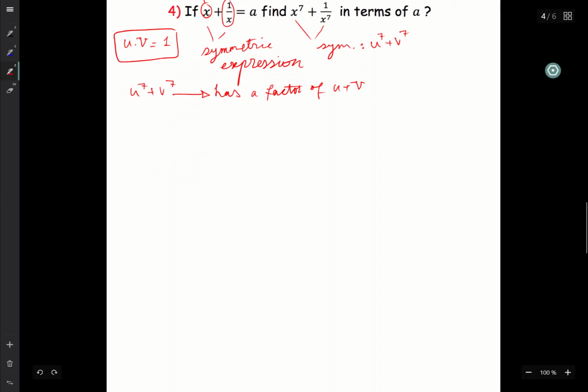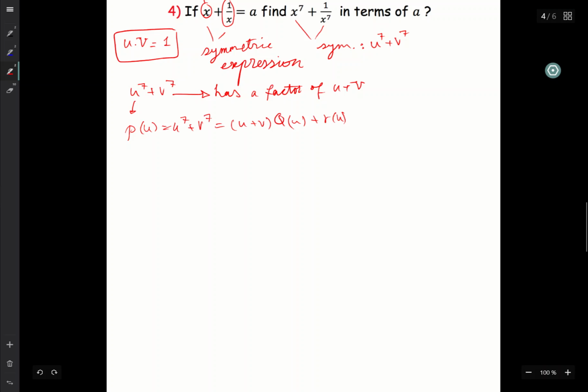We already discussed this because if I assume that u is a variable, then p of u is u to the 7 plus v to the 7, right? If I write it in terms of u plus v, some q of u plus r of u, right?